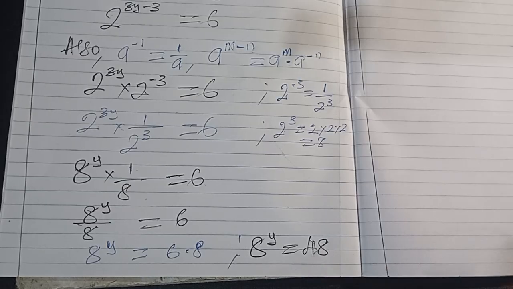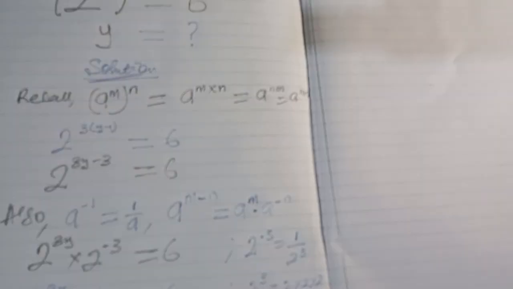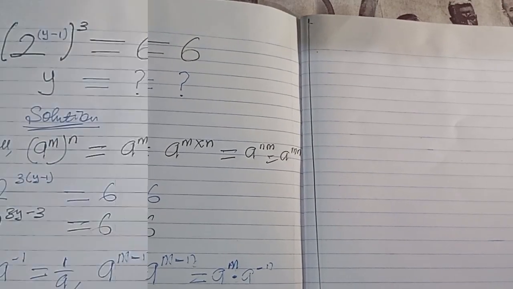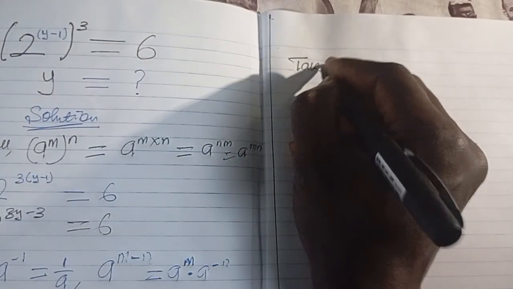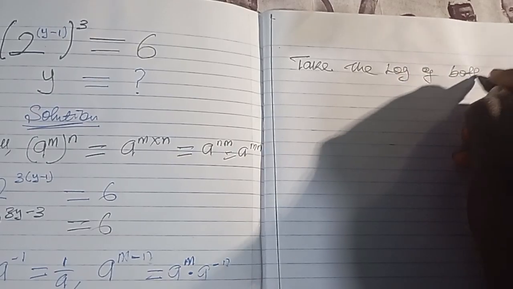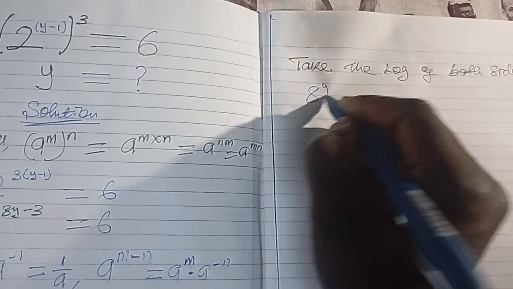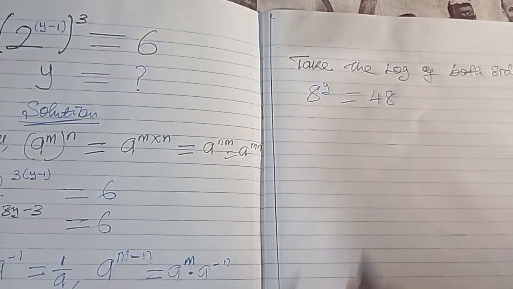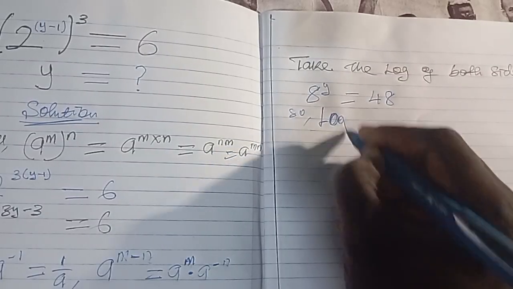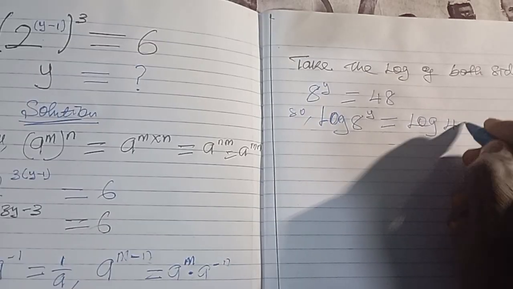From here, we can take the log of both sides. Remember, we have 8 raised to power y equals 48. So log of 8 raised to power y equals log 48.